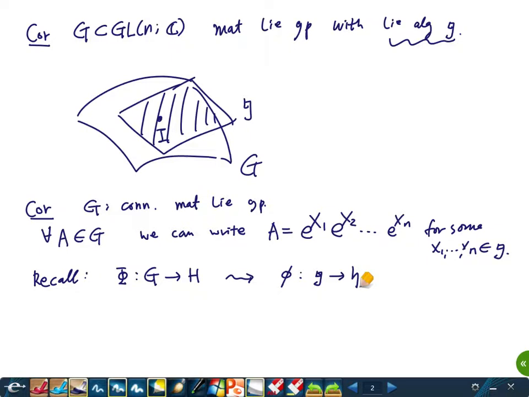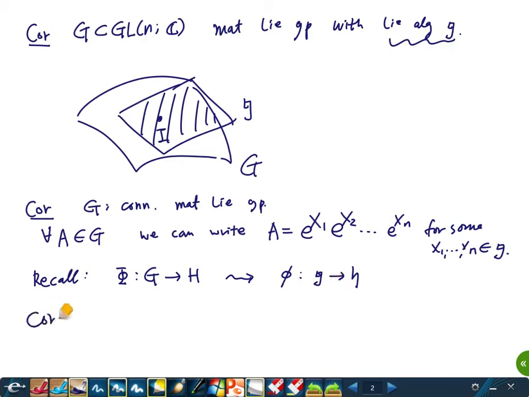Here Gothic G is the Lie algebra of the Lie group G, and Gothic H is the Lie algebra of H. So whenever we have a Lie group homomorphism, capital Phi, then there is a unique corresponding Lie algebra homomorphism, little phi. But the converse is not true in general. There might be two different Lie group homomorphisms which give rise to the same Lie algebra homomorphism.